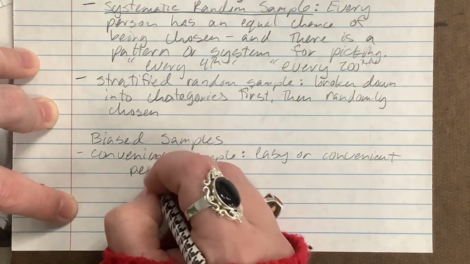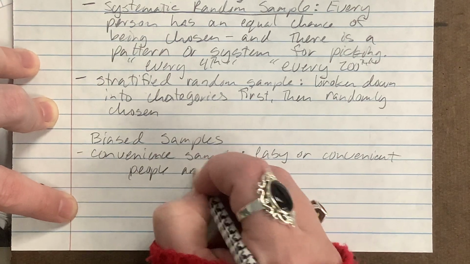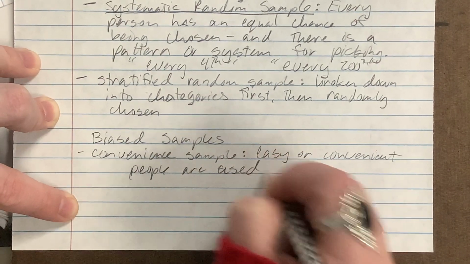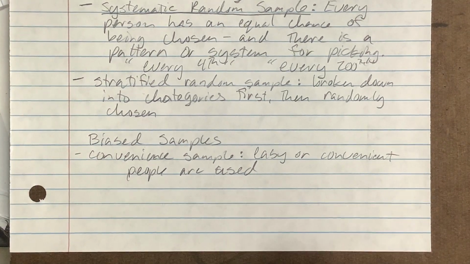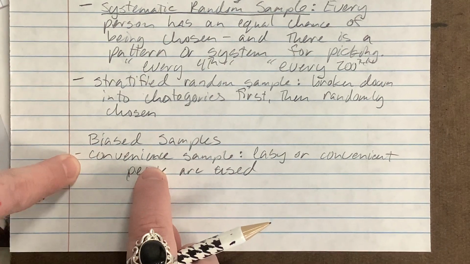So for example, if you're doing your science fair project and you have a survey and you just ask your friends and family, convenience sample.